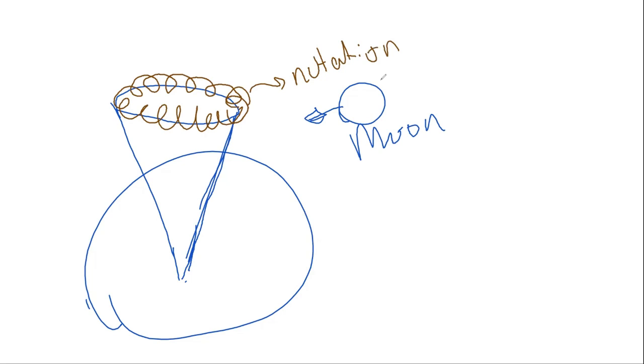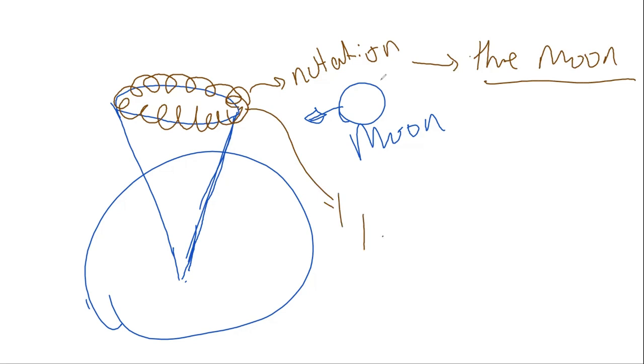So nutation is due to the moon, and it takes 18.61 years to complete one small circle. So it is faster.